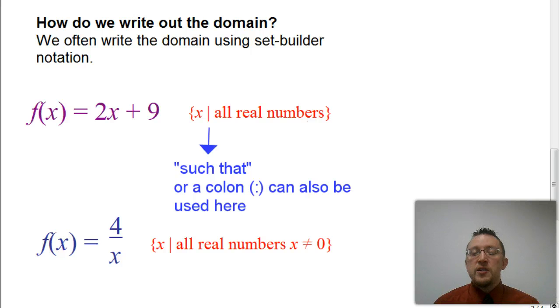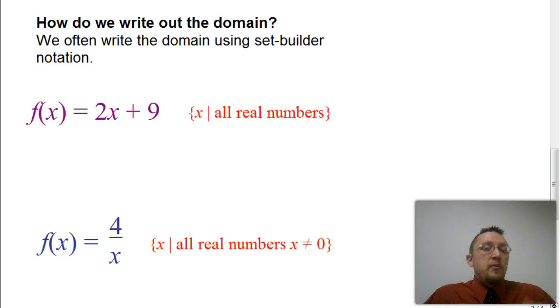It's not an absolute value symbol. That vertical line means such that. You can also use a colon, 2 dots above each other. That also means such that. Such that it's going to be all real numbers. So we just write in the words all real numbers as your answer. So that's how we use set builder notation.